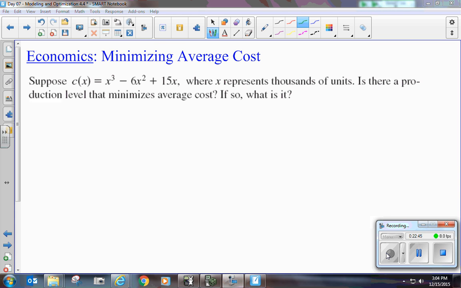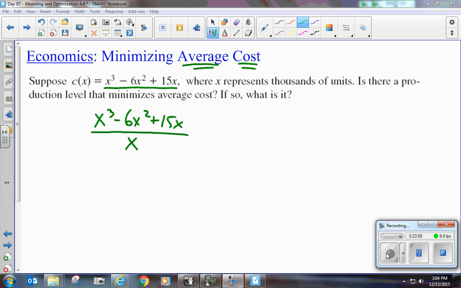Now when it comes to minimizing the cost that we spend, all right, average costs, okay, if this is my equation for costs, all right, and it's x cubed minus 6x squared plus 15x, how do I find out the average? Well, I divide that per unit, right? I divide it just by x.